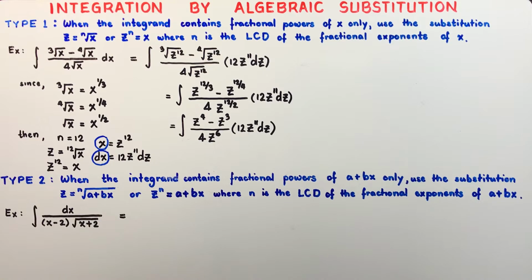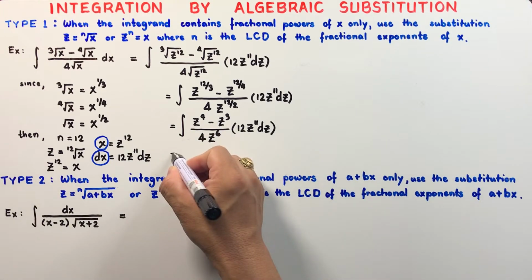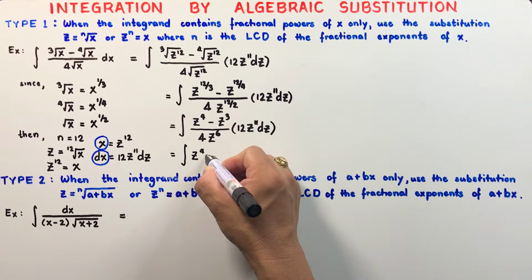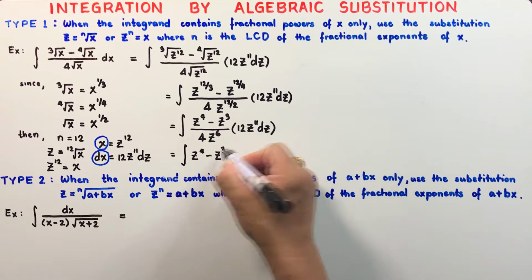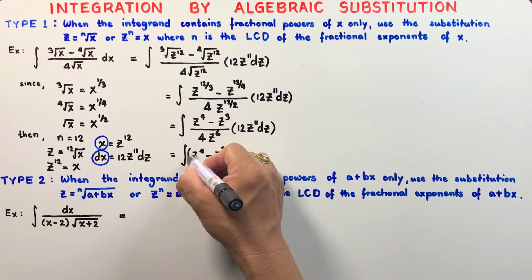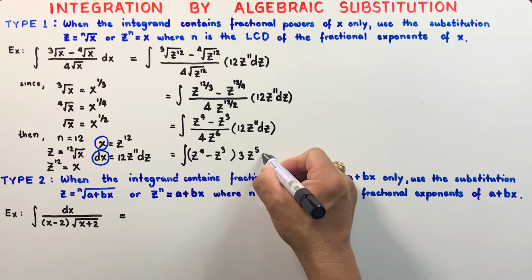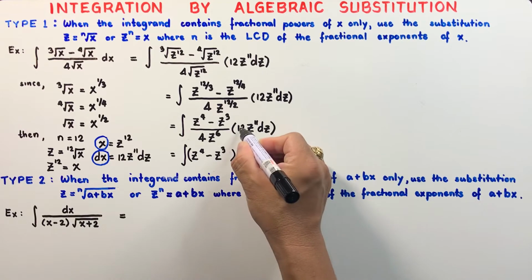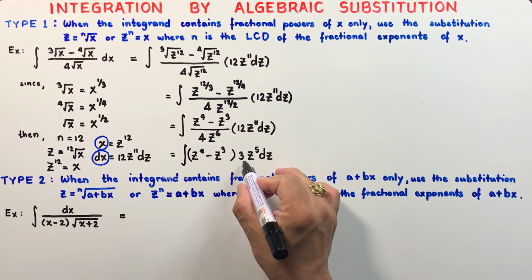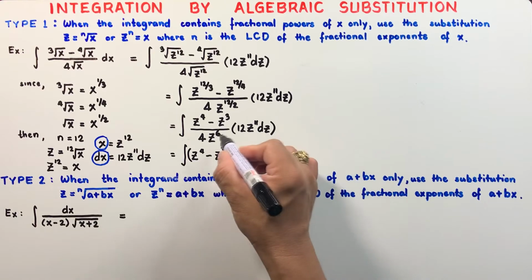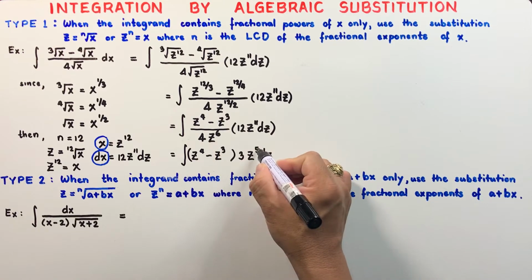Simplifying our integrand further, we have the integral of z to the power of 4 minus z cubed, times 3z to the power of 5 dz, because 12 divided by 4 is 3, and this exponent of 11 when subtracted by 6 is 5.